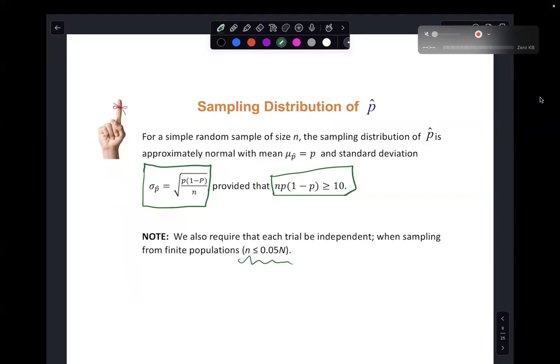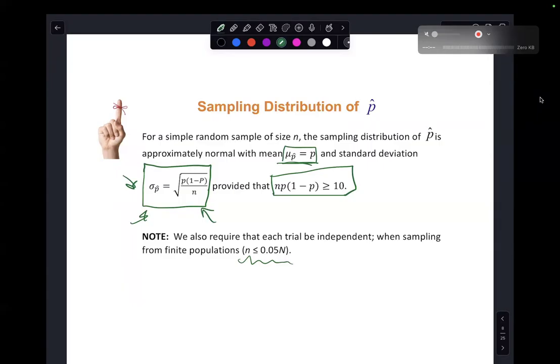All of this still applies. We're taking stuff from 8.2 and applying it here. But this is the standard deviation that we're going to be using in our margin of error calculations. And still, our mean is going to be whatever our population proportion is estimated to be. We're going to use that as our mean.